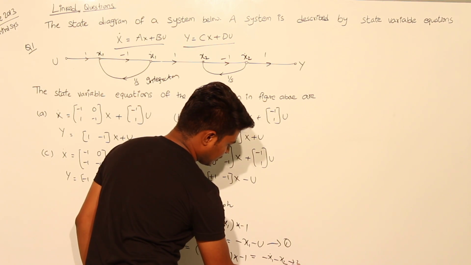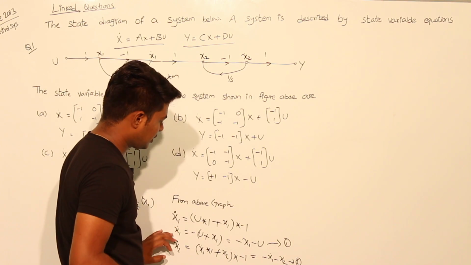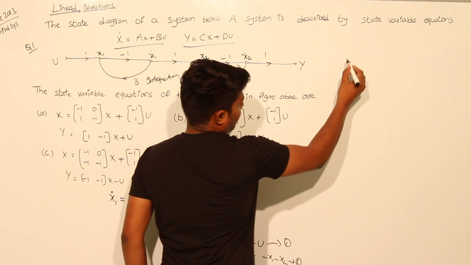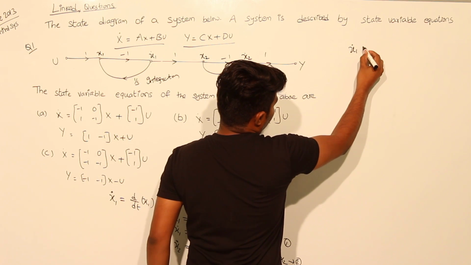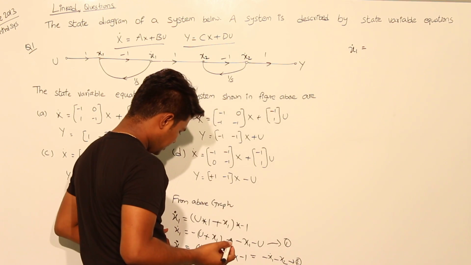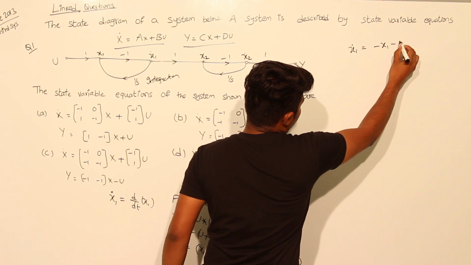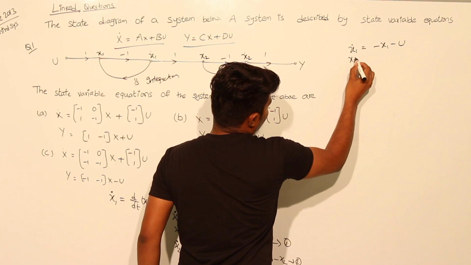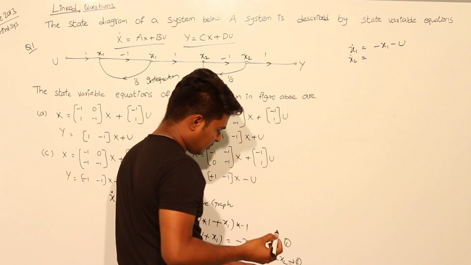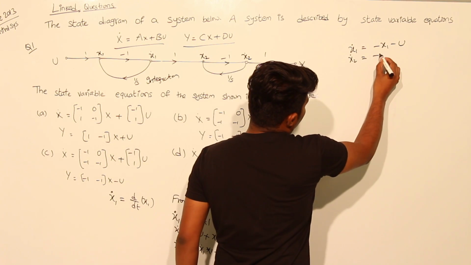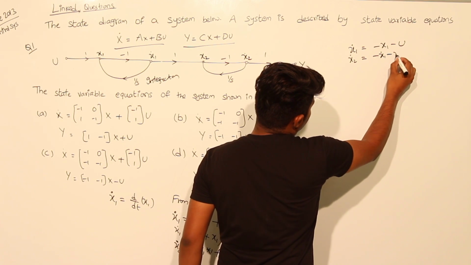This can be equation 2. I am writing these two equations here: x1 dot equals minus x1 minus u, and x2 dot equals minus x1 dot minus x2.